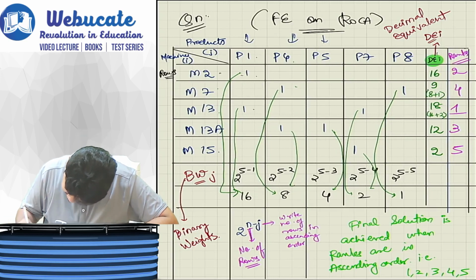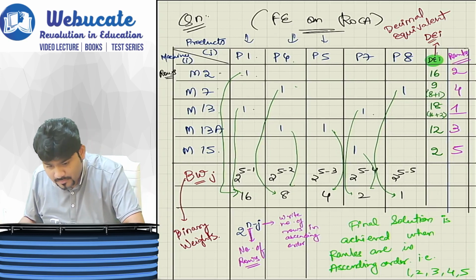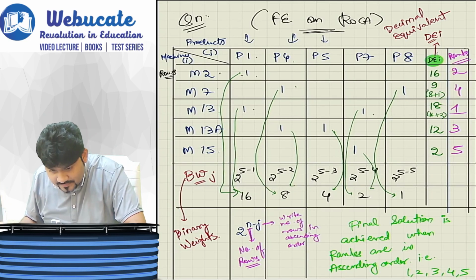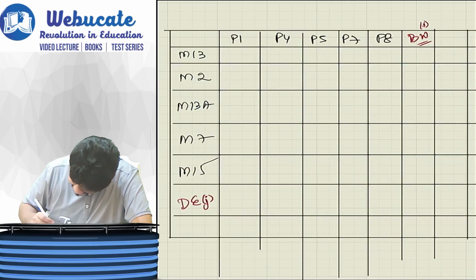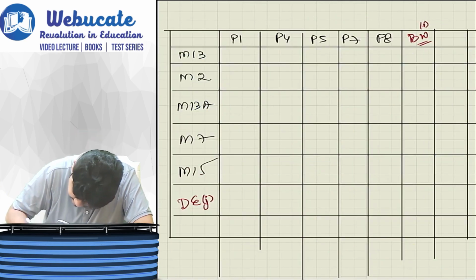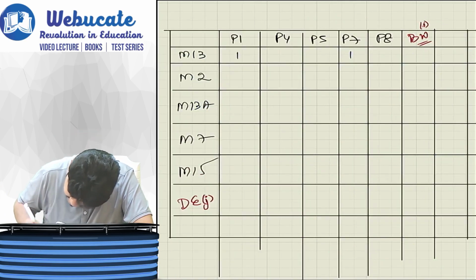M13 is 1 and 7. So we will write here M13: 1, 7.